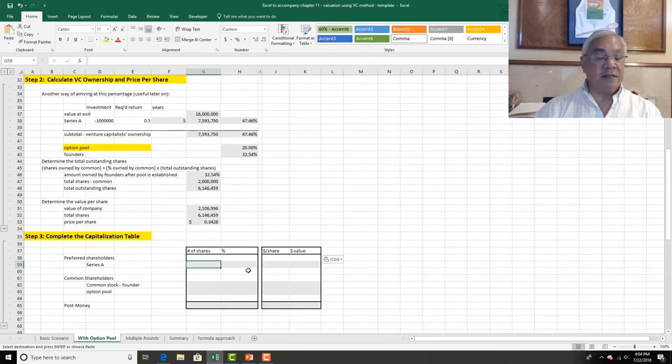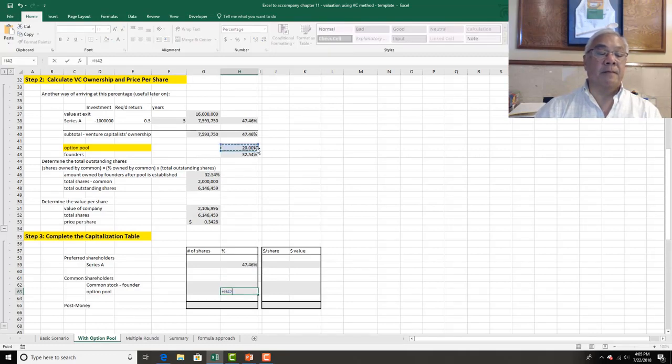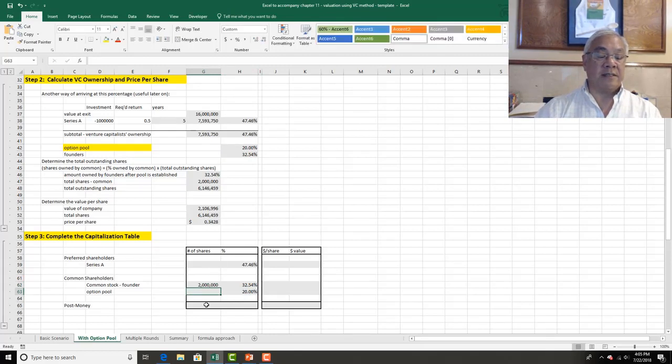So the Series A investors will get 47%, and then the option pool would get 20%. And then the founders would end up with the leftover, which is 32%, and they had 2 million shares. So the total outstanding shares is 2 million divided by what they owned.